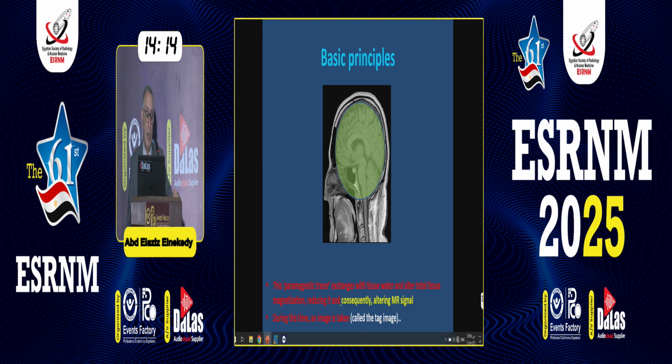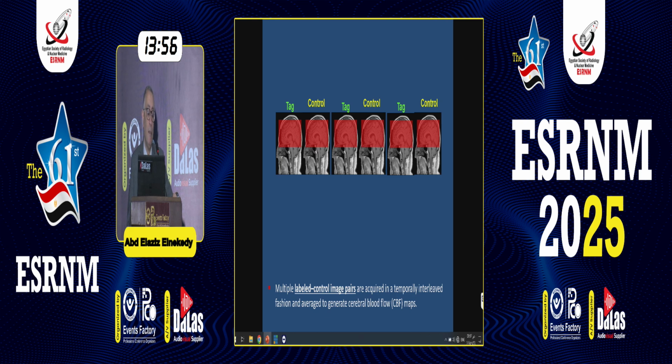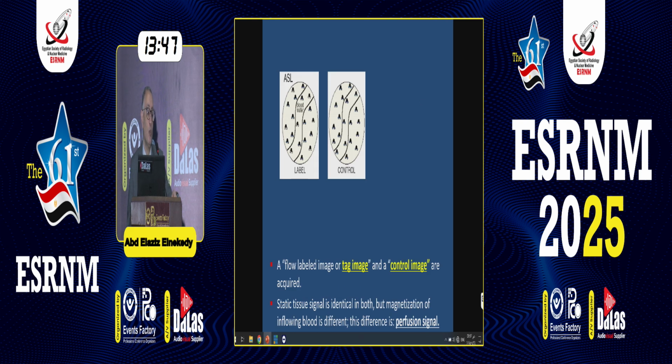The paramagnetic tracer exchanges with the tissue water and alters total tissue magnetization, reducing it and consequently altering the MRI signal. During this time, an image is taken, which is called the tag image. We repeat tagging and stop tagging, which is called the control image, several times like this, providing 2 images, the ASL labeled and the control.